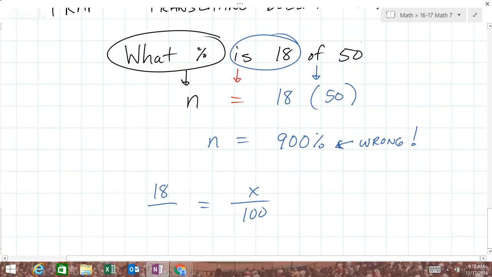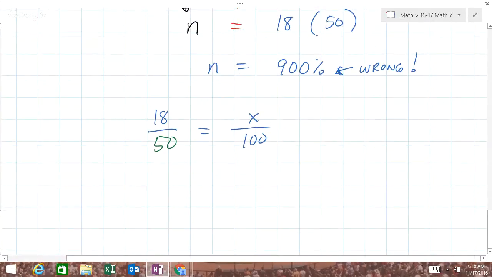It's 18. Our of is 50. Look at this. Do I need to do anything really? No. Do I see a relationship here real quick? Yeah. Between the 50 and the 100, right? Couldn't I just multiply by 2? Multiply by 2. So x equals what? 36%.